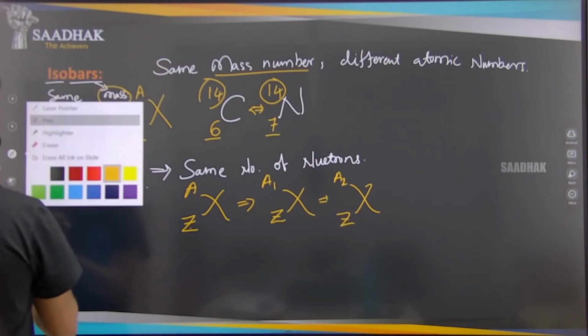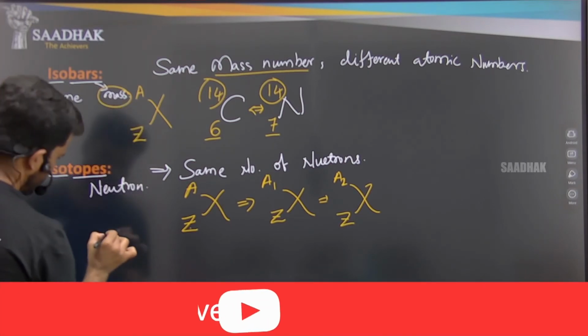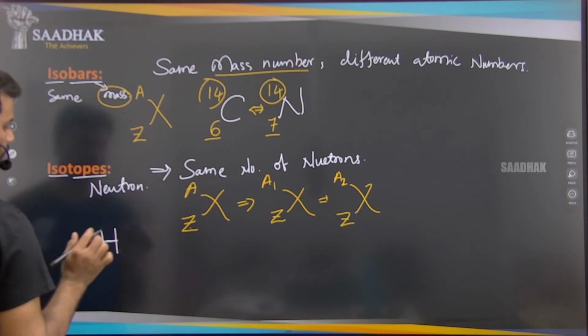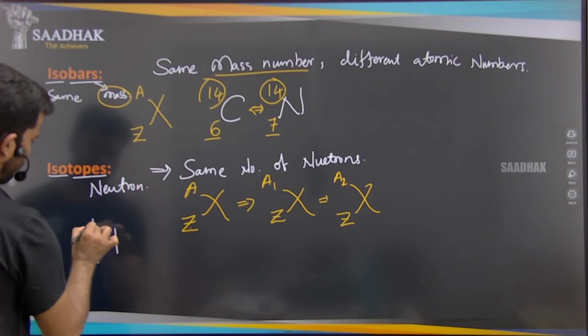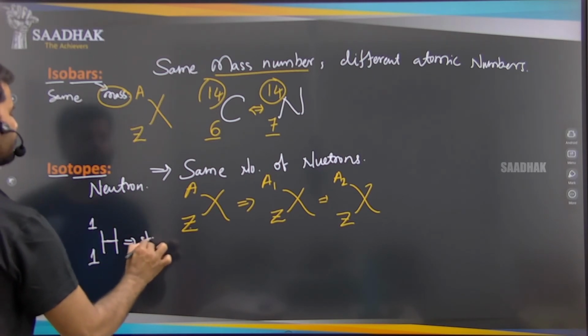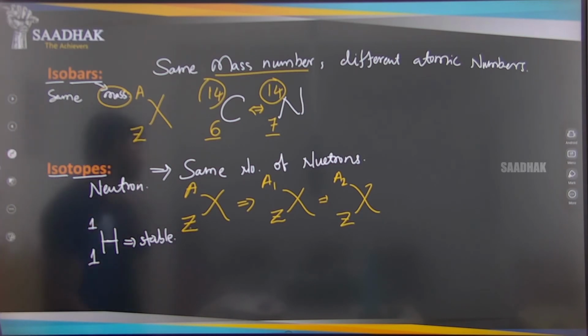So for example, if I take the hydrogen isotopes, we know that hydrogen has one proton and one electron, that's why it is stable. The atomic number is 1 and the mass number is also 1.